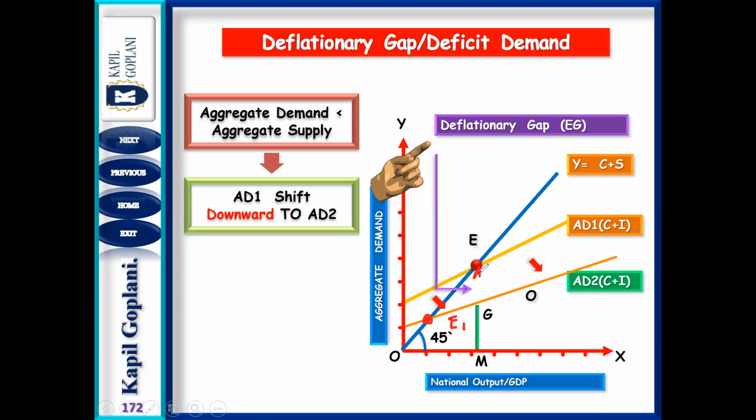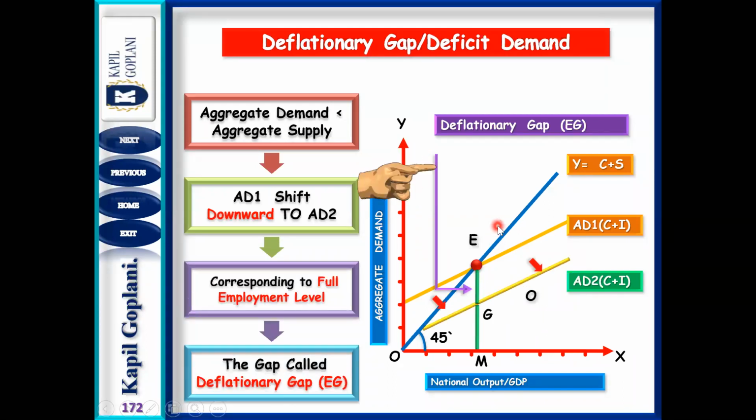The parallel gap between AD1 and AD2 is considered the deflationary gap. AD1 shifts downward to AD2. Students, there is a downward movement of aggregate demand, and this downward movement causes deflation in the economy. This is known as the deflationary gap.